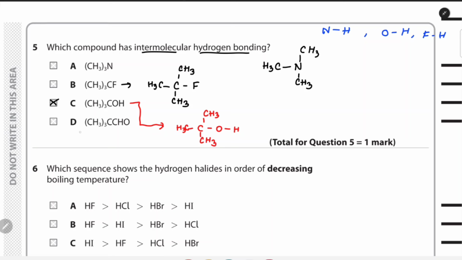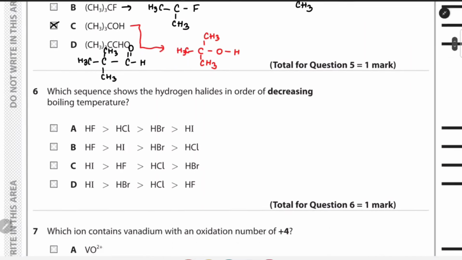And if I look at the last option, we have CH3, CH3, CH3, C-OH. Also in this case, we don't have an NH, OH, or FH bond.